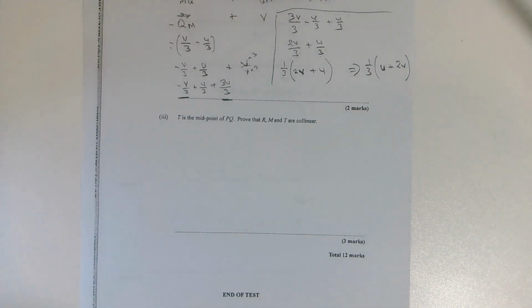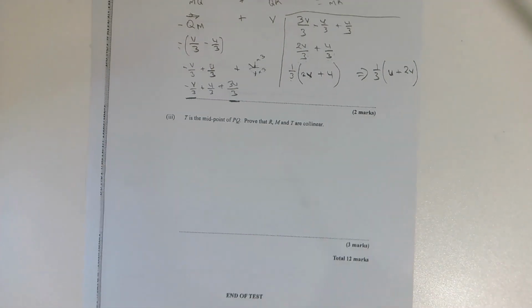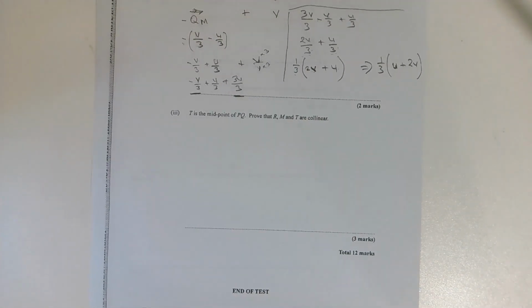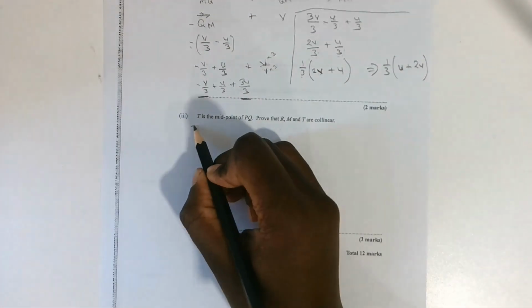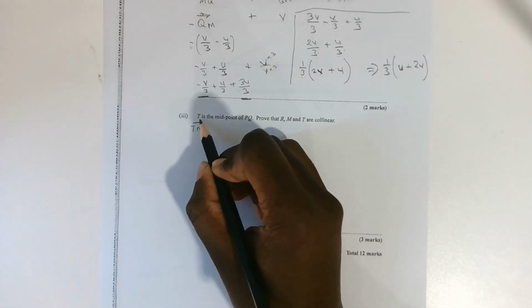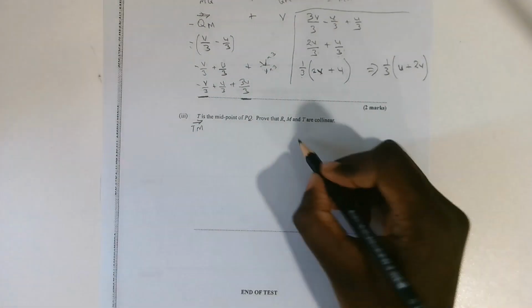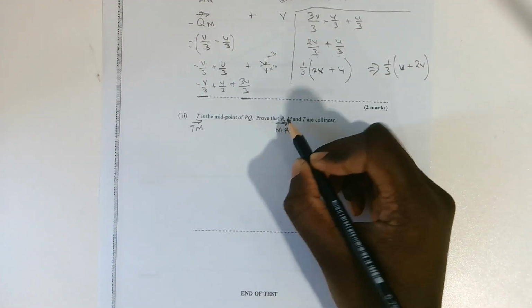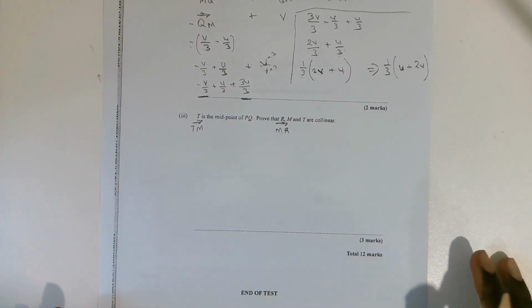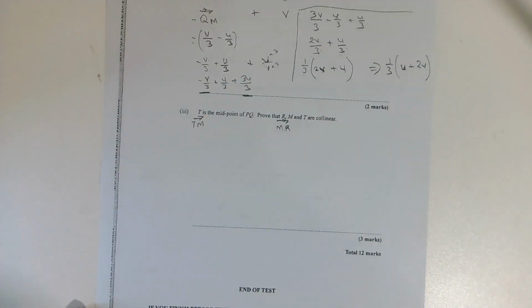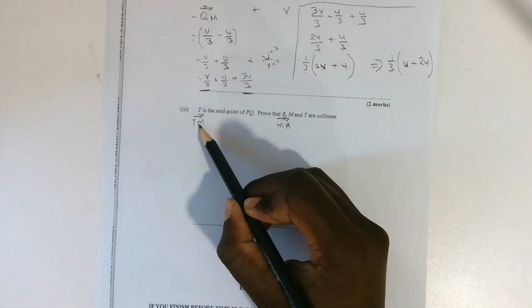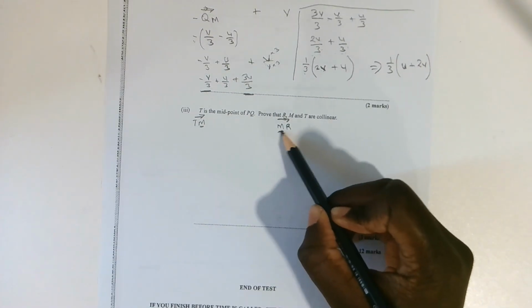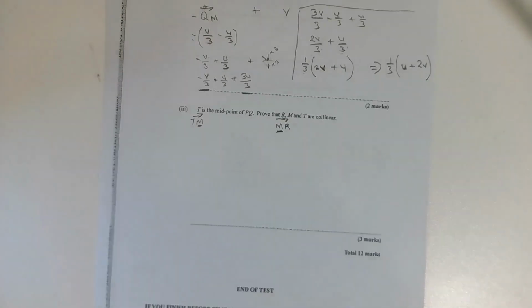So I can use two vectors from this. I can use RM, RT, TM, MT. Two of these vectors, and these two vectors need to have the same scalar factor. So I'm going to use vector TM and vector MR. I already have vector MR, so I don't have to do a lot of calculations there, but I'll have to find TM.